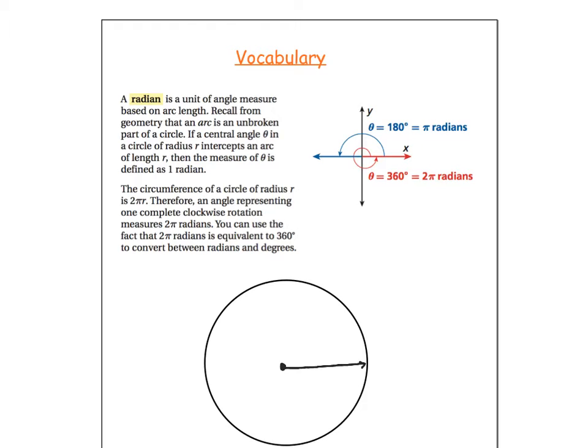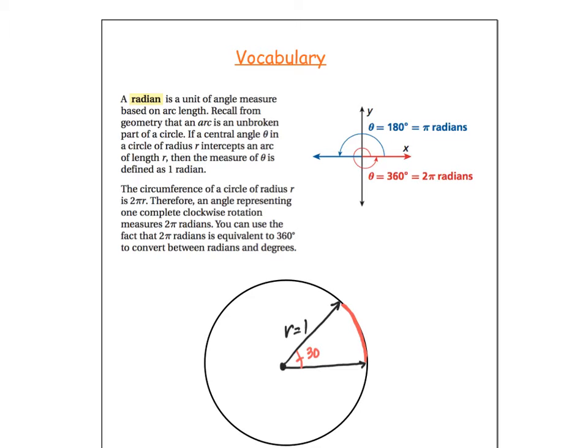The difference is that in the unit circle, the radius is going to be considered 1, so r is going to be considered 1. Radians is the measure of the arc here. So instead of measuring the angle right here, like for example, we'd call that 30 degrees, we'd be measuring it by the arc it makes based on a radius of 1.